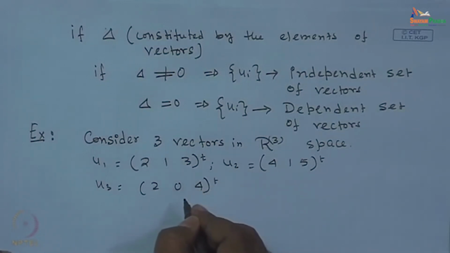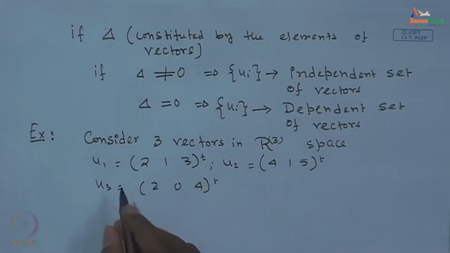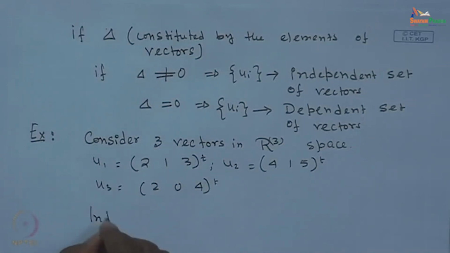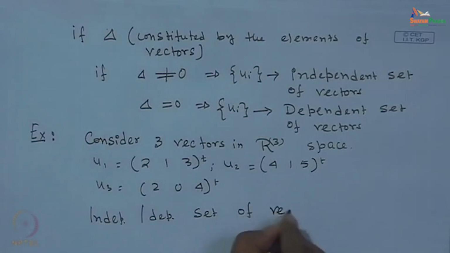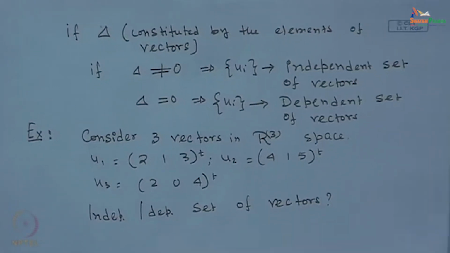We just change the last element of the last example, and we have to check whether they constitute an independent or dependent set of vectors. So, we check both methods and determine the answer for this problem.